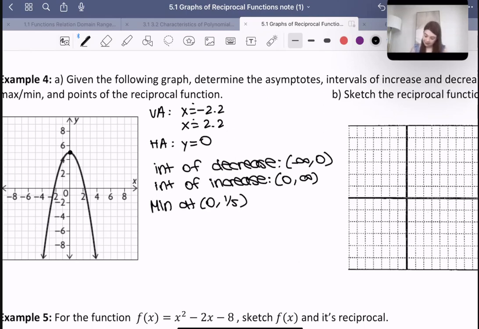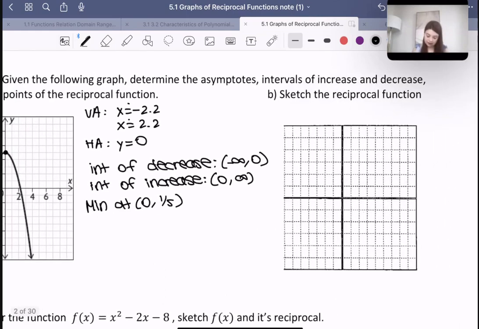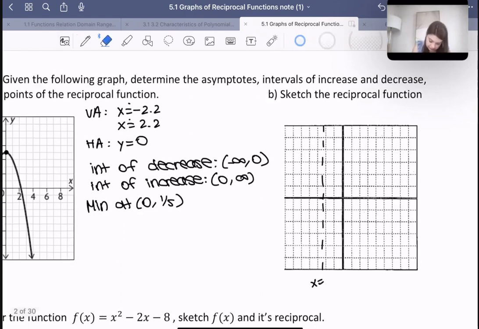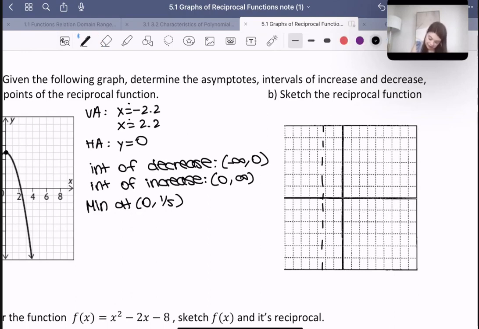Okay. So now let's take what we've learned and plug it in here to graph a nice reciprocal function. So we have negative 2.2 and 2.2 as our asymptotes. So let's draw those in. Or we could just use the exact value and say x is root 5, because that's the actual one.